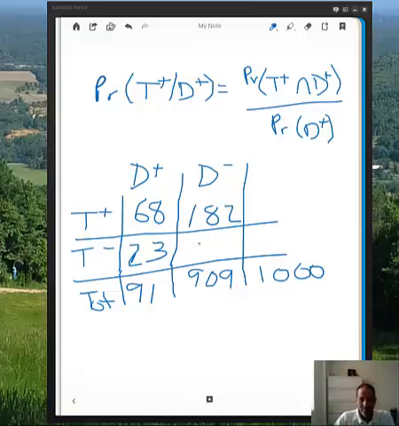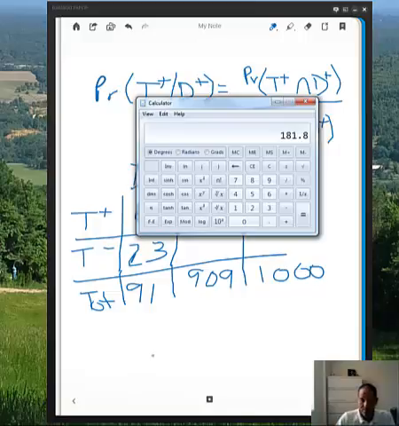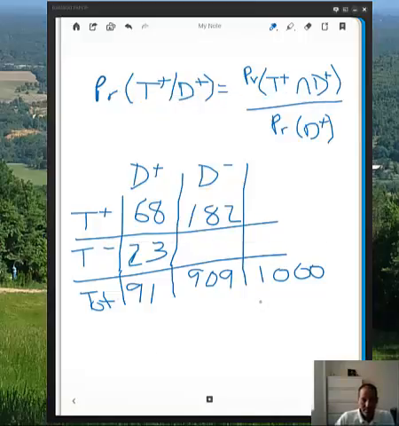All we have remaining to do is to complete these three more cells here. So we can subtract 182 from 909. 909 minus 182 will give us 727. So we put 727 here.